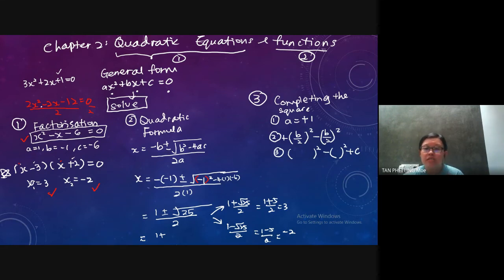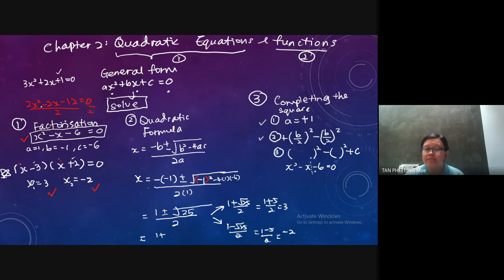Let us use this example to do it again. This question is x squared minus x minus 6 equals 0. Remember that for this type of completing the square, our A is 1? Yes, it's +1 already. And then the second step, we have to separate the x and the -6.